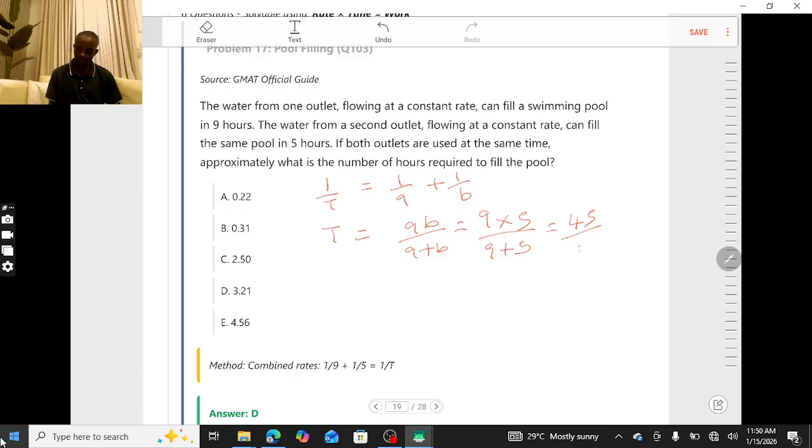If you want to do this by hand, what can we do? What can 14 be?